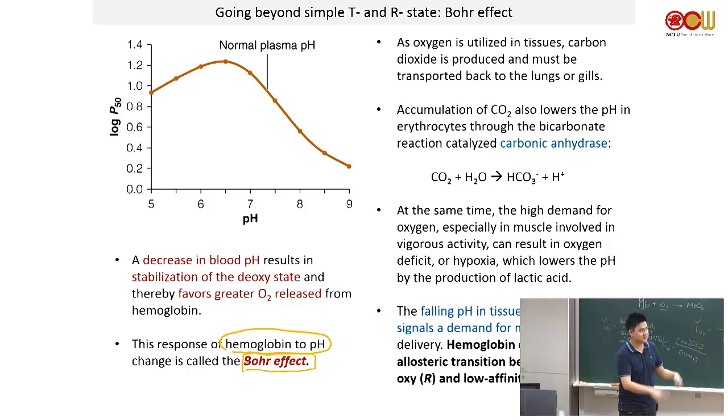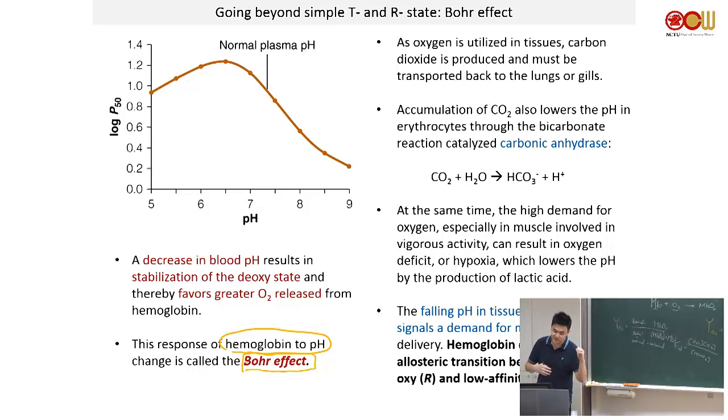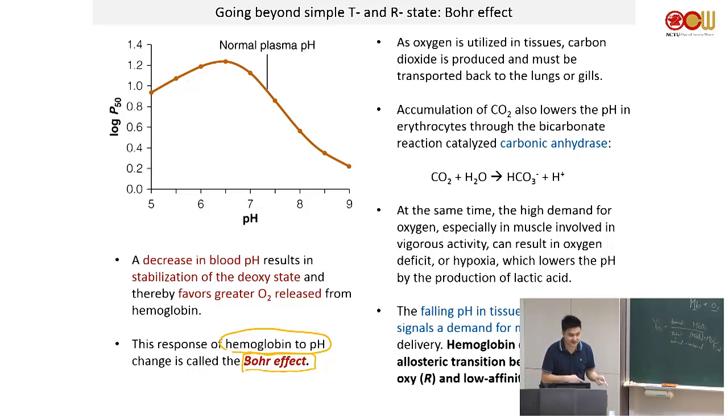And as a result, lowering the pH, your hemoglobin will have a larger unload. So it's going to stabilize the deoxy state. So it's going to favor the T state. So Bohr effect, protons favor T state. A lowering pH prefers T state, so it's going to make your protein go to T state and unload the oxygen.